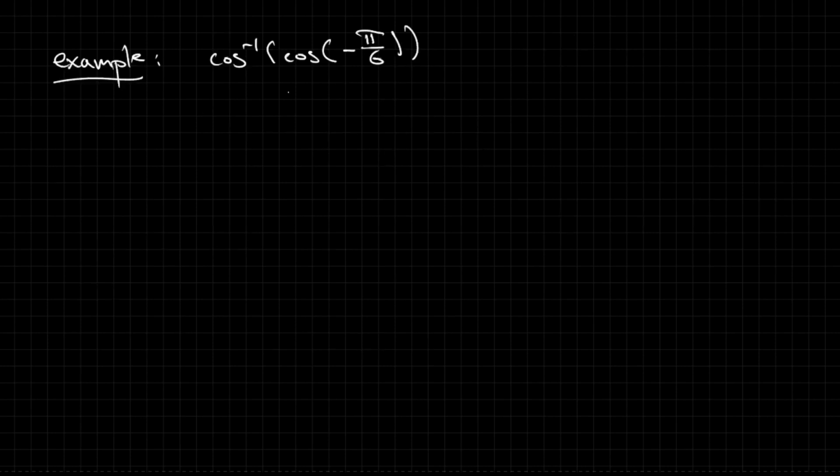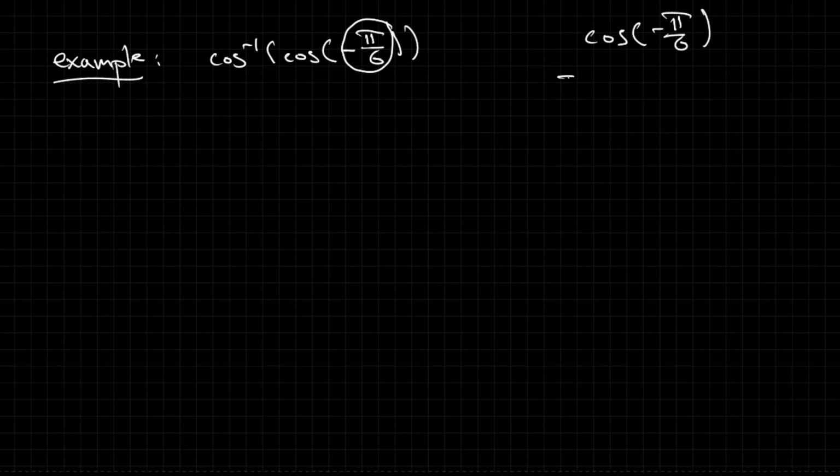Let's do another example. Let's imagine that we're trying to figure out cosine inverse of cosine of minus pi over 6. Now, minus pi over 6 is not in the restricted domain of the cosine function. The restricted domain of the cosine function is 0, pi. However, that does not mean that cosine of minus pi over 6 doesn't exist. In fact, it does. Cosine of minus pi over 6, you can figure this out in a number of different ways.